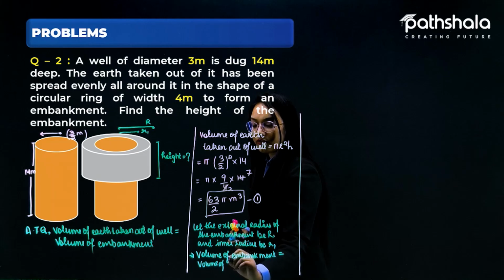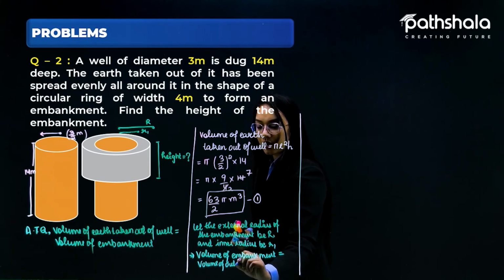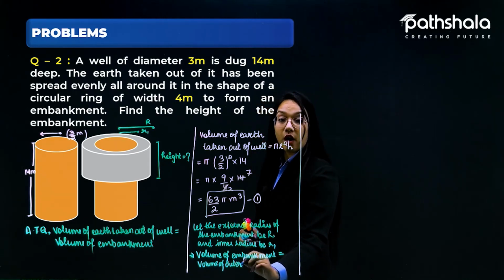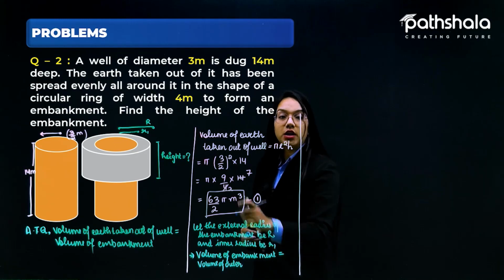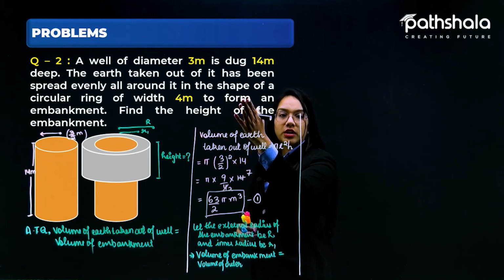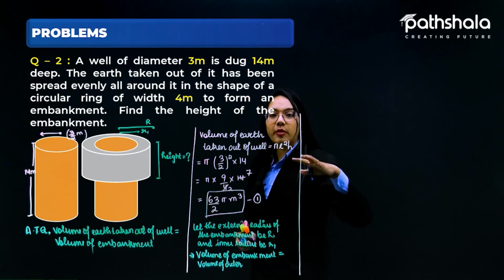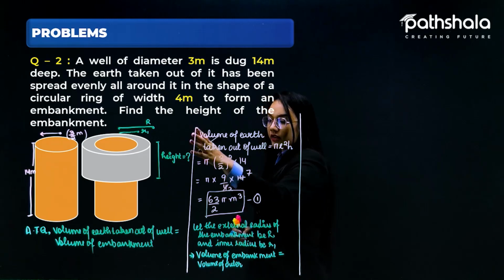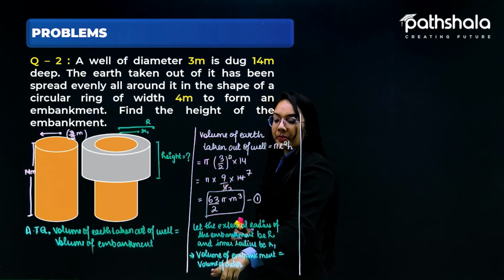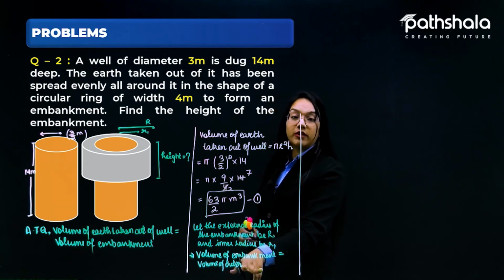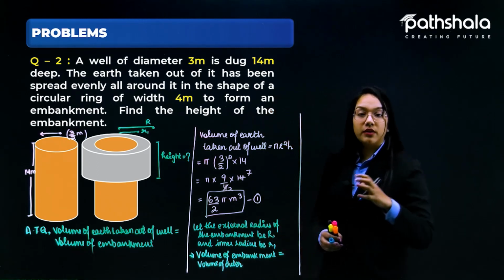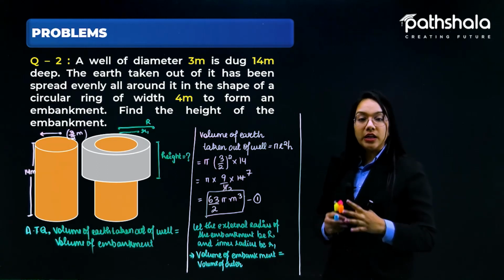The outer cylinder, or the circular ring we have, because it is given to us that it is spread evenly in the shape of a circular ring. So it is the volume of the outer circular ring minus the volume of the inner circular ring.